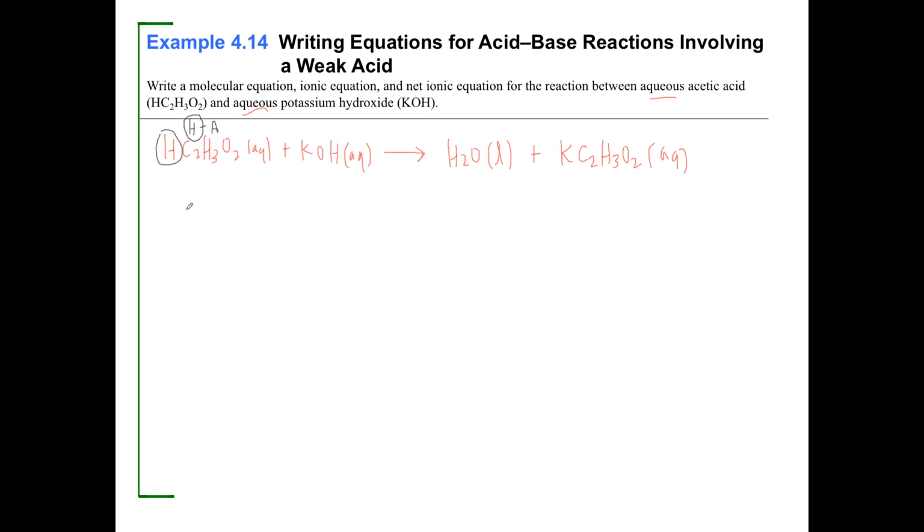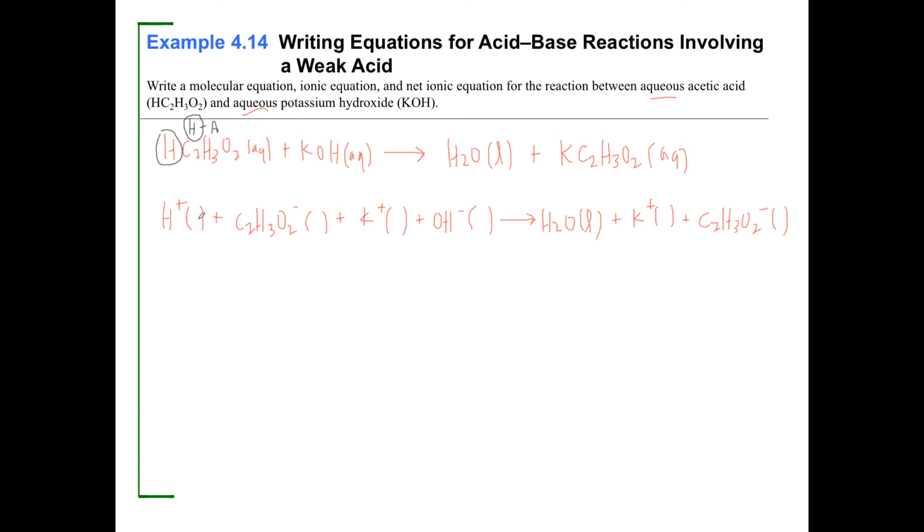All right. So the full ionic equation is going to be H plus aqueous plus acetate aqueous plus potassium aqueous plus hydroxide aqueous produces water, liquid, plus potassium aqueous plus acetate aqueous.